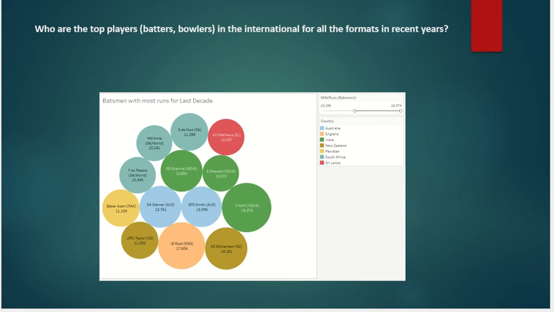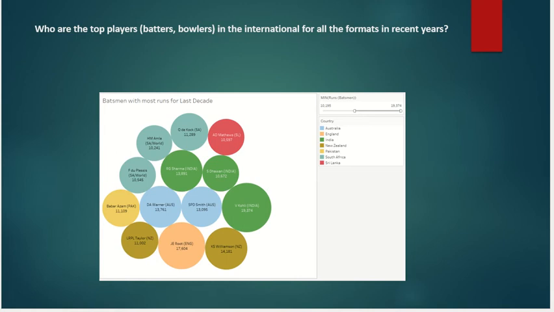To address the question about the top players in international cricket for all formats, I have used a bubble chart. Top batsmen are those who have scored the most runs in international cricket, and similarly, top bowlers are those players with the highest number of wickets.